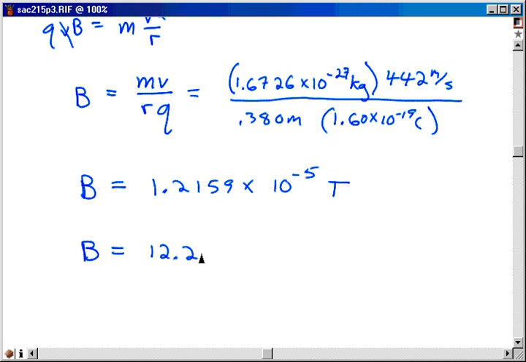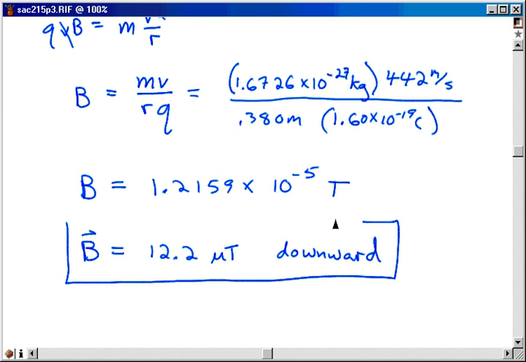So I've multiplied by 10, I got to divide by 10, making that a minus 6, or microtesla. 12.2 microtesla. And I give the direction as well. B has both magnitude and direction. When I give both the magnitude and direction, I'm giving the properties of a vector, how big it is and which way.